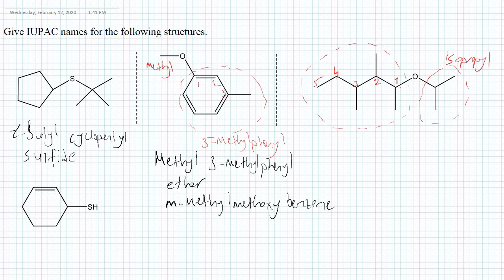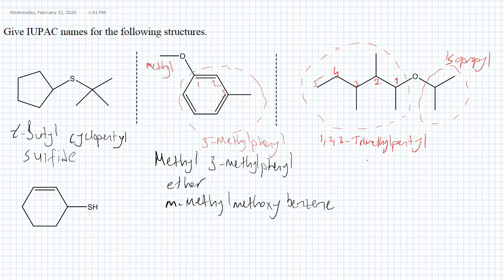But at positions 1, 2 and 3 we have methyl groups, so let's name it 1,2,3-trimethylpentyl.